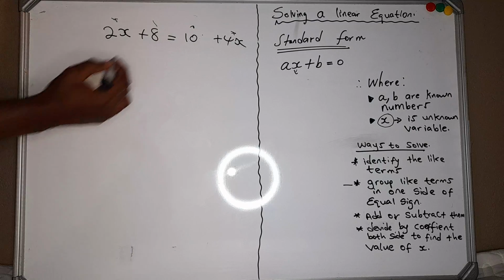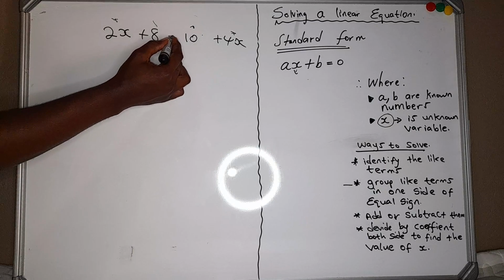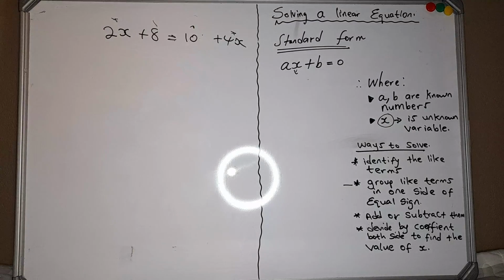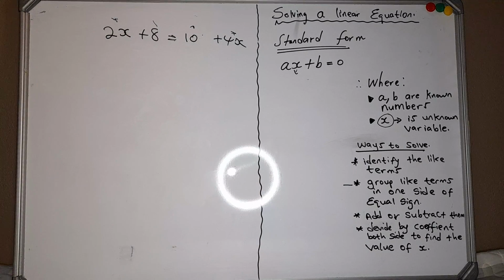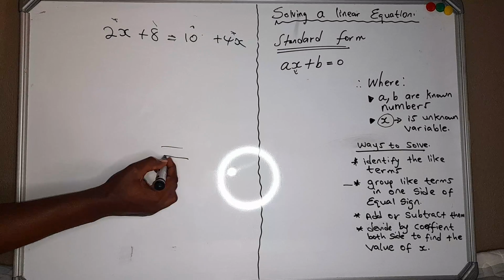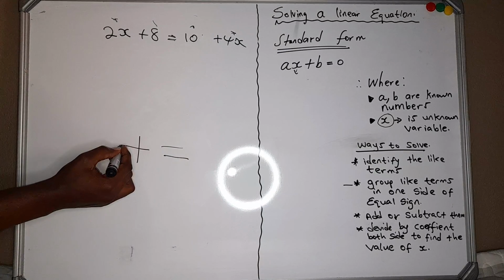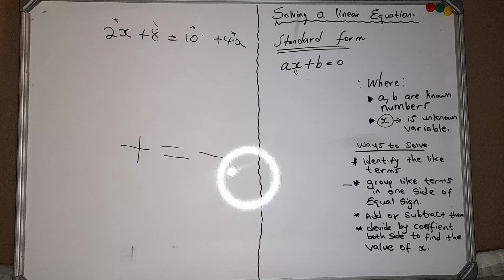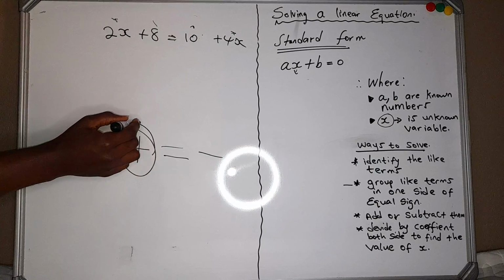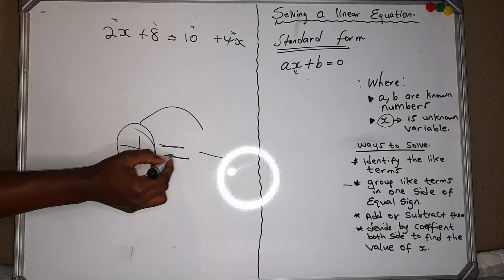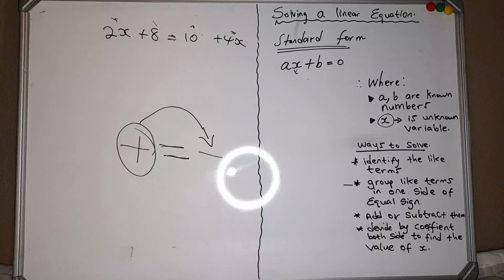But remember, we have an equal sign between these two sides. When you group your like terms, you must group them on one side. If we have the equal sign like this, and on this side we have a positive number, when a positive sign jumps the equal sign, it becomes negative.